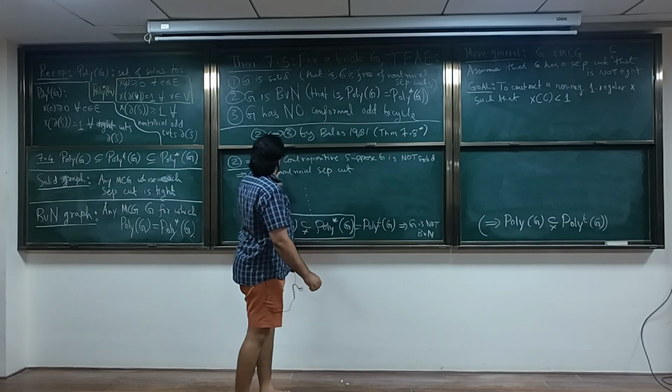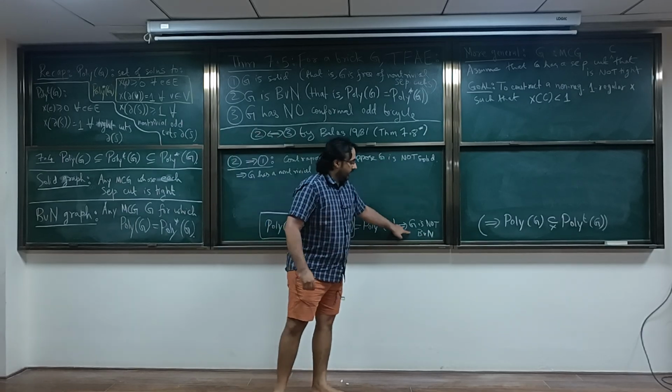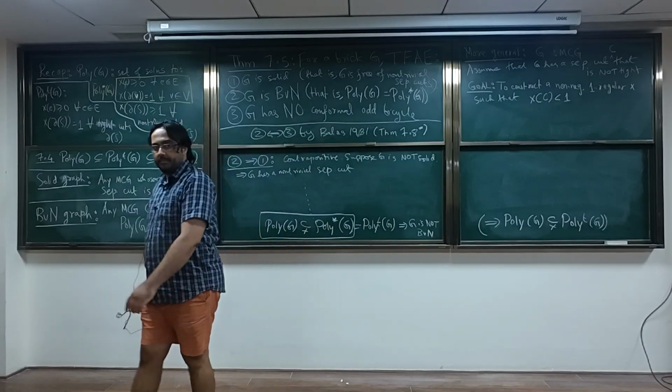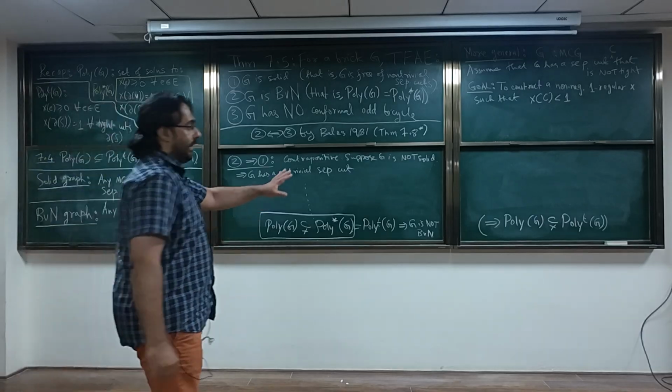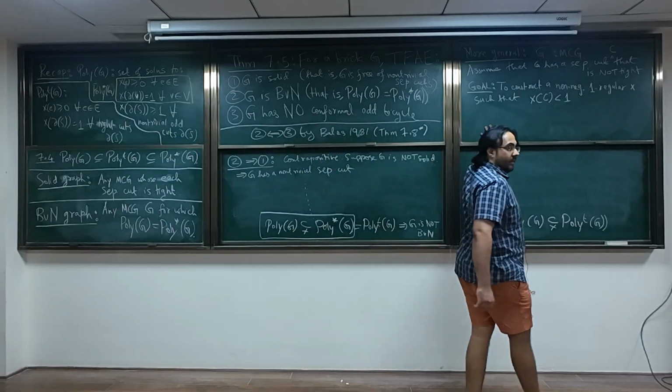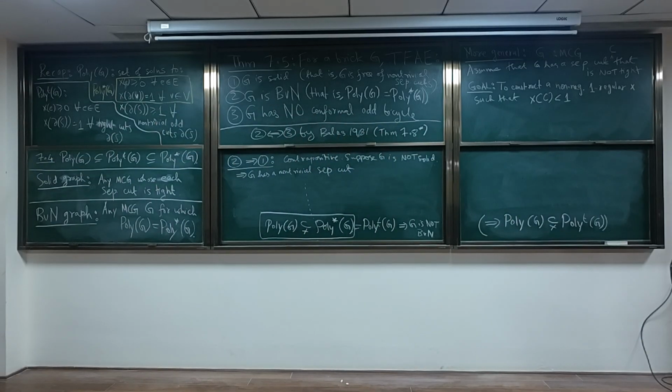So not solid implies not Birkhoff–von Neumann. Yeah? Questions, concerns, everything okay? Yeah? So this is now what we need to do in the more general setting. We need to construct such a vector, right? And this is what I left as a TIY last time, or DIY, whatever.